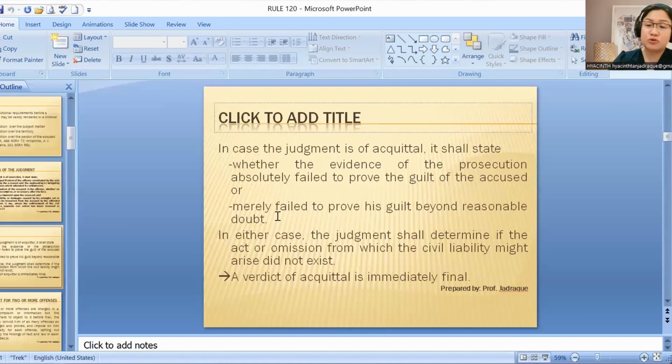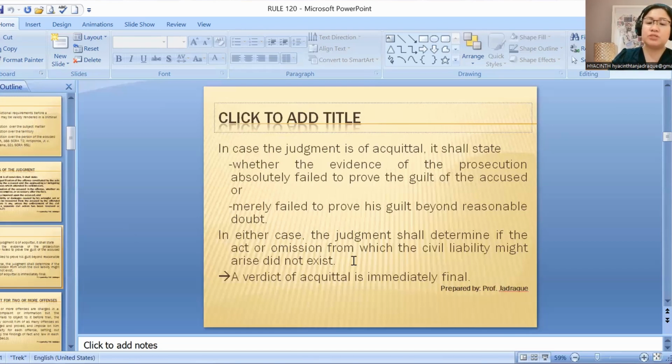However, it failed to prove that the accused, when he received the money from the private complainant, acted with deceit. So in other words, the accused would still be acquitted because the prosecution failed to prove the guilt of the accused beyond reasonable doubt, but it can make the accused civilly liable.